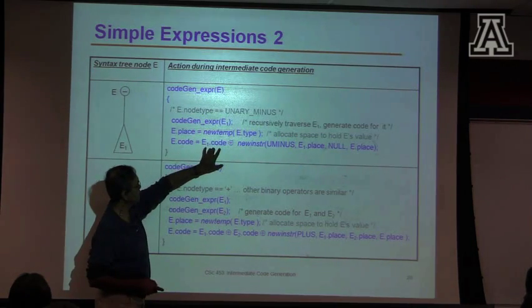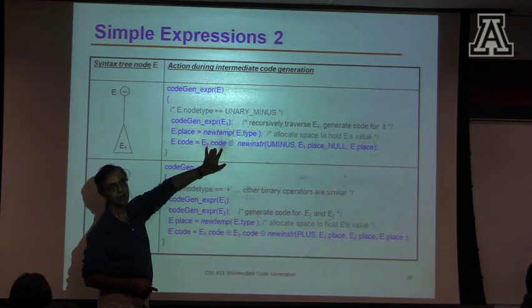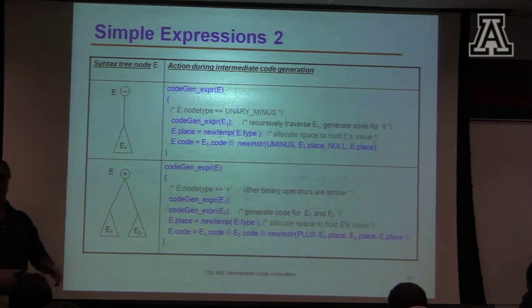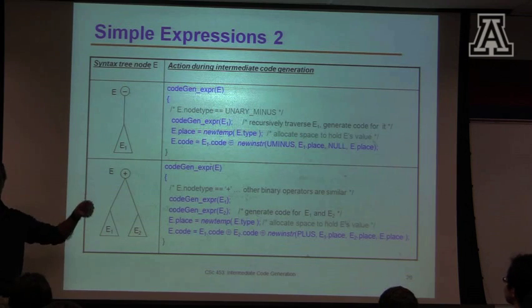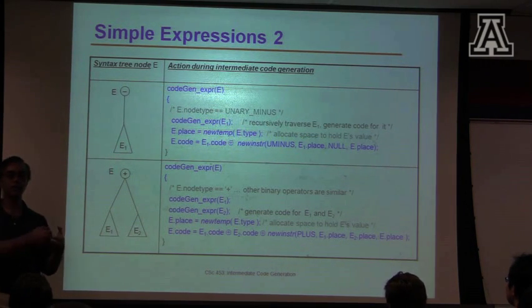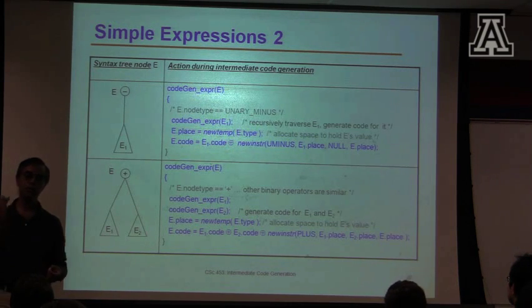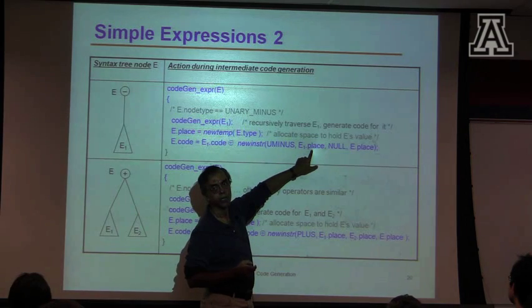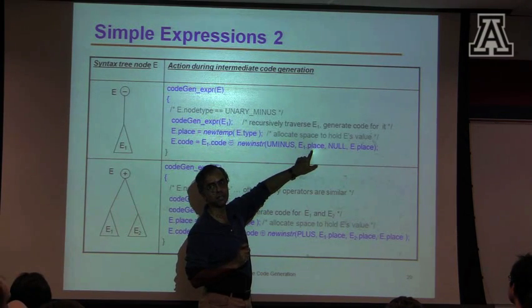When I execute the code for E1, no matter how complicated E1 is, this recursive traversal says that when I'm done, that code will evaluate E1 and compute the value of E1 into that location, wherever that location is.